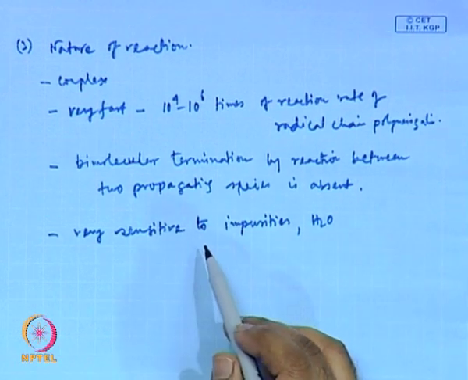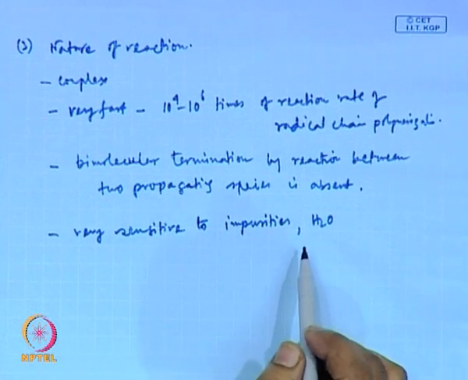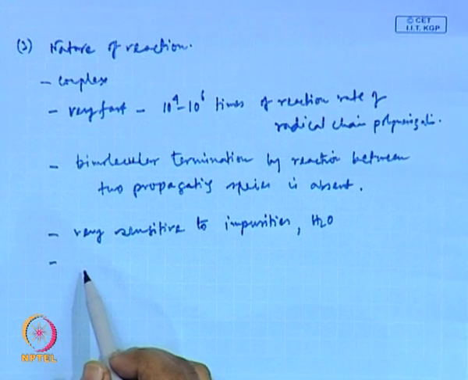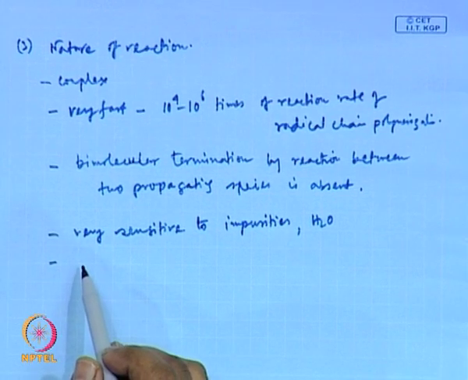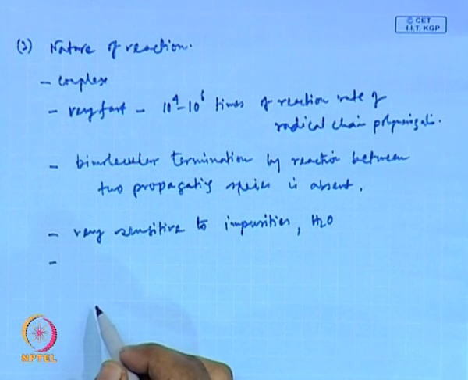Radical chain polymerization is also sensitive to impurities, but not as sensitive as ionic chain polymerization.